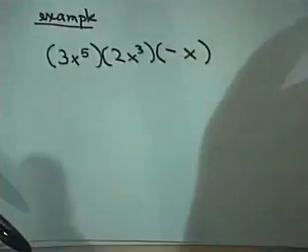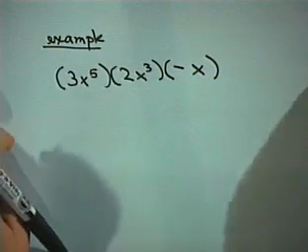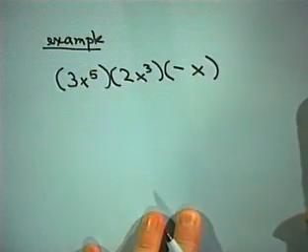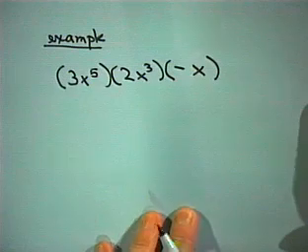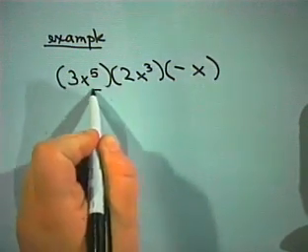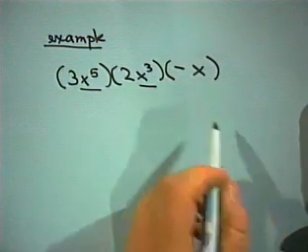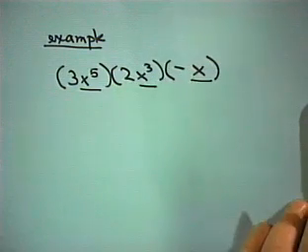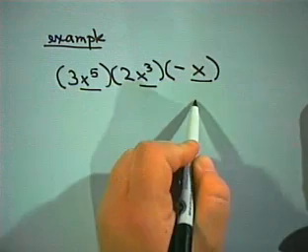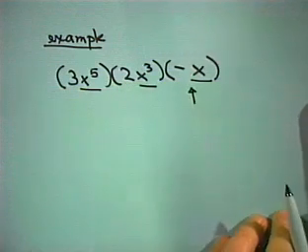Now we're going to do another example, and this one is much more interesting than the last example. What we're going to focus on is the exponentials, which happen to have the variable x, and how we're going to get those together. I'd like to spend a little bit of time with this negative x.